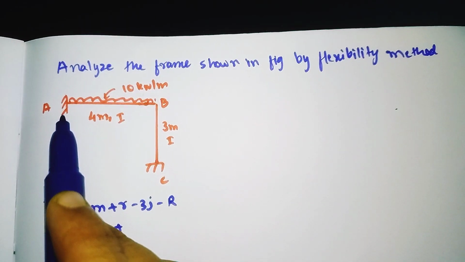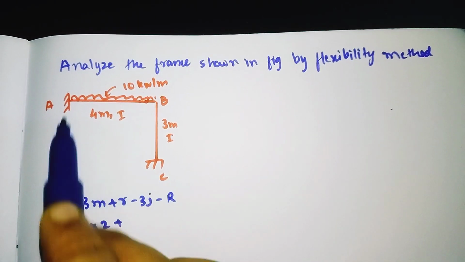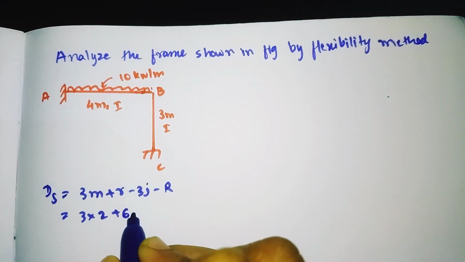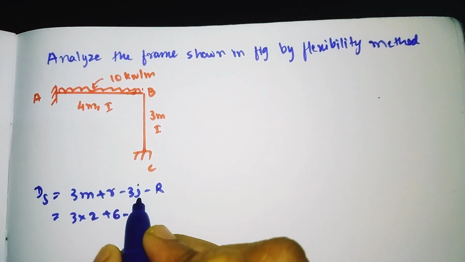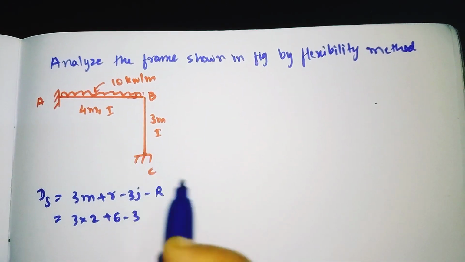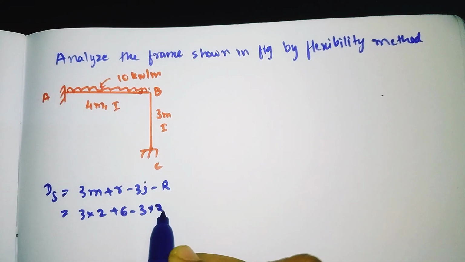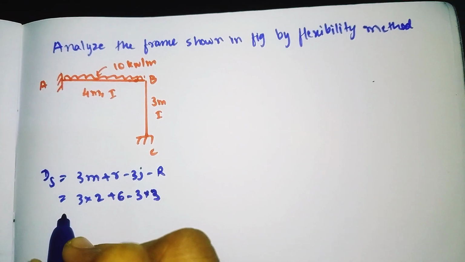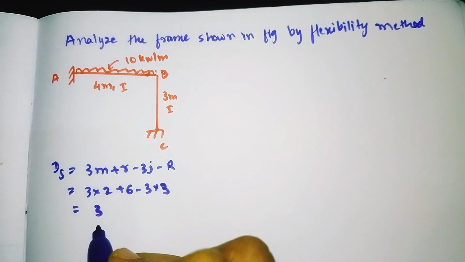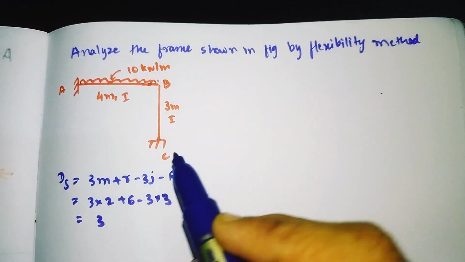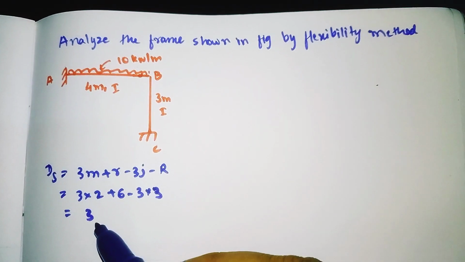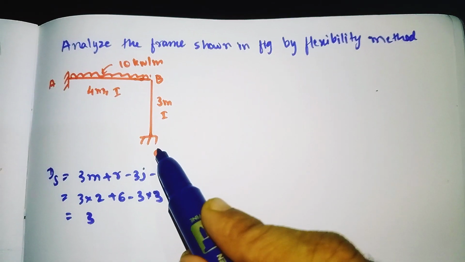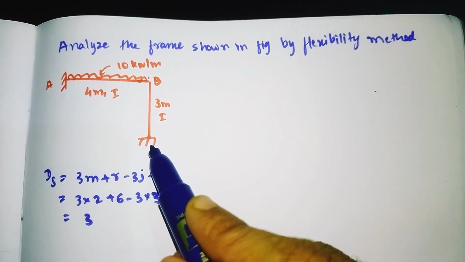The number of unknown reactions is 3 here, and also 3 here, so 3 plus 3 is 6, minus 3 into the number of joints, which is 3, so 3 into 3. Simplifying, it comes out as 3. It means there are 3 redundants, so this structure is statically indeterminate.